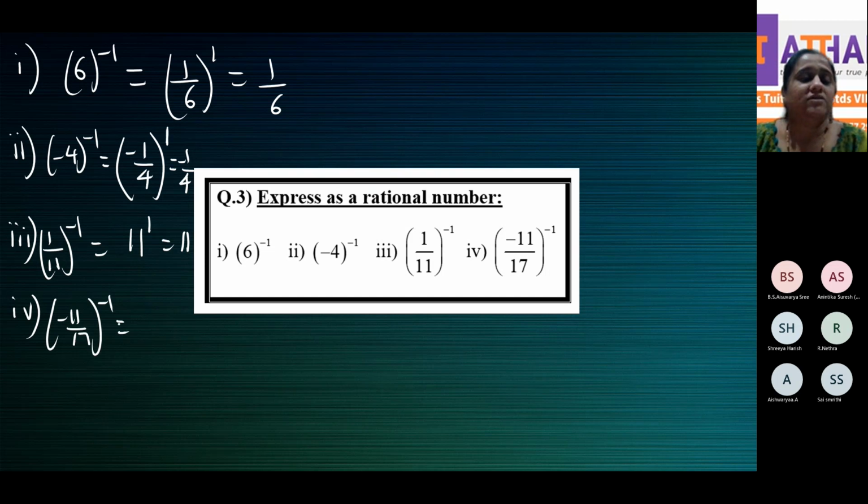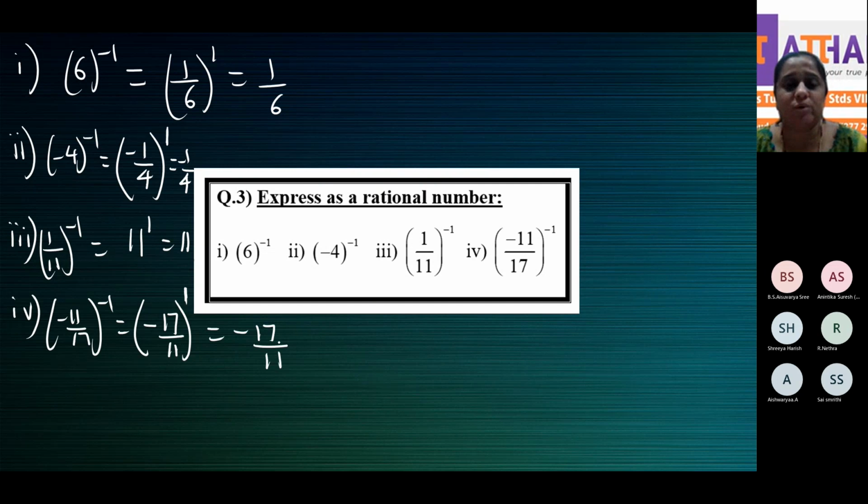So reciprocal of the base is minus 17 by 11 and negative of the power is plus 1. So minus 17 by 11 to the power plus 1 is nothing but minus 17 by 11. This is how we express the given expressions as rational numbers.